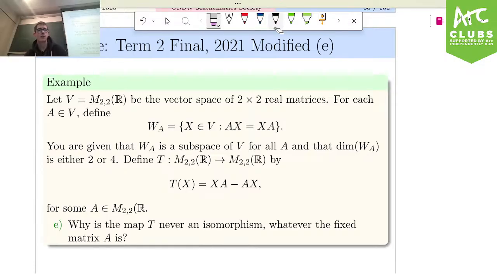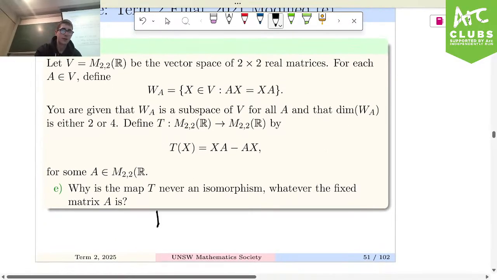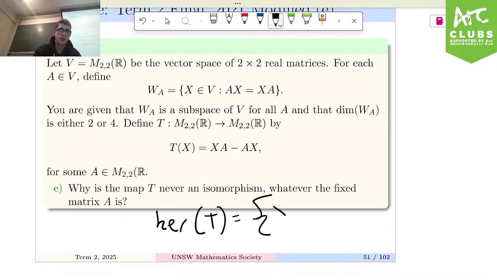So what we can do to show this is say that the kernel of T would exactly be the set of X in V such that XA minus AX is equal to 0. Otherwise you can say that XA is equal to AX, which is the same as this condition.